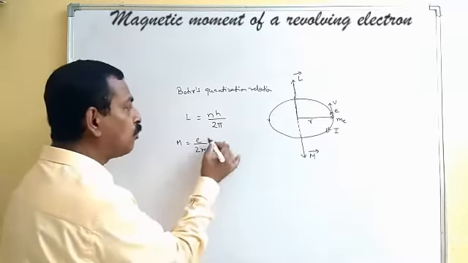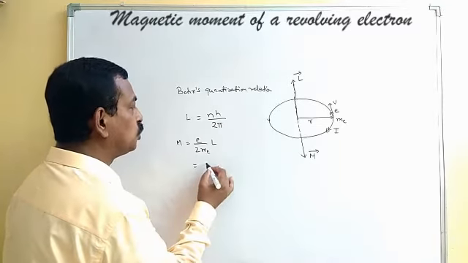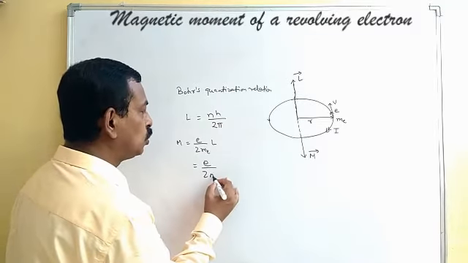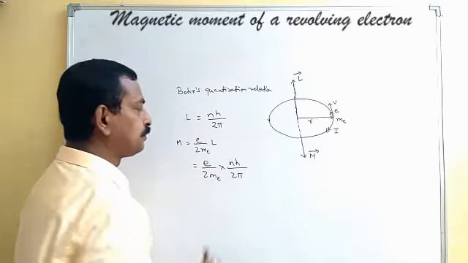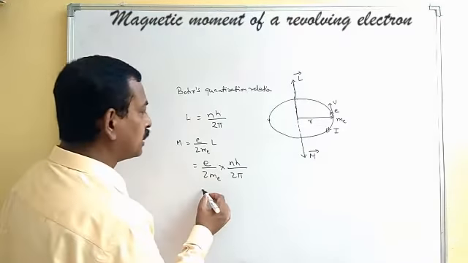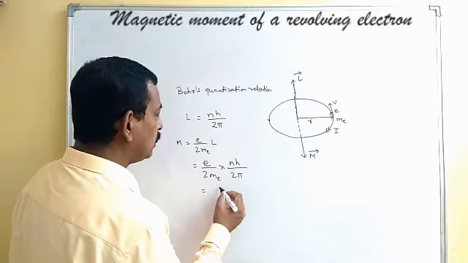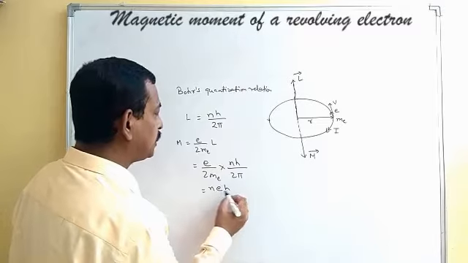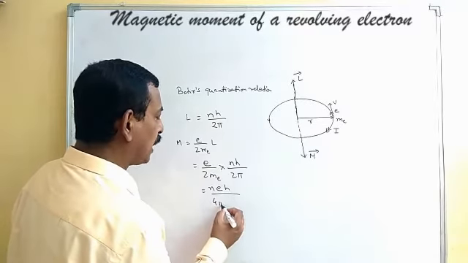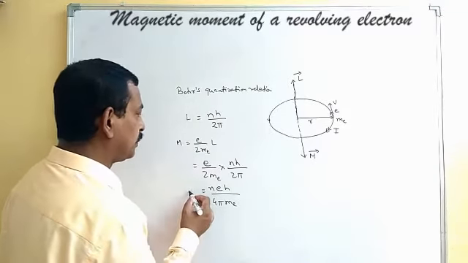Now for this L, if I substitute, it is e by 2me times nh by 2 pi. So this will give you neh by 4 pi me. This is your M.